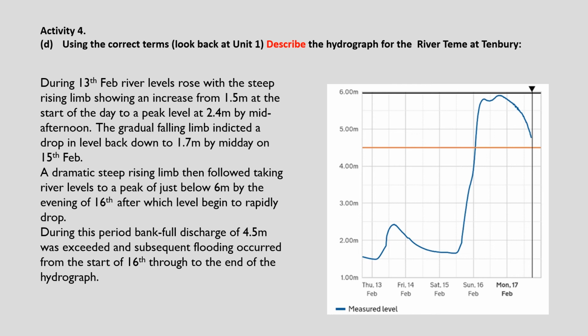If you look at the answer here, you can see that the way this answer has been constructed, just like the map on the previous slide, the graph has been split up into sections. It's been split up pretty much into day by day sections because each day seems to have something different happening on it in this case.